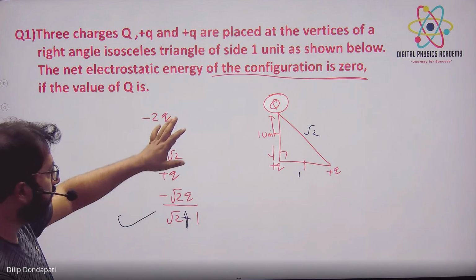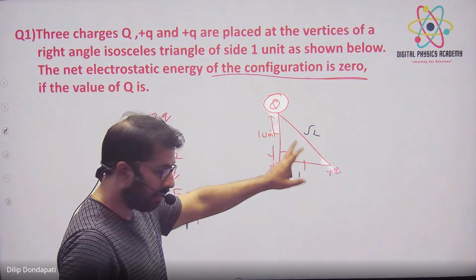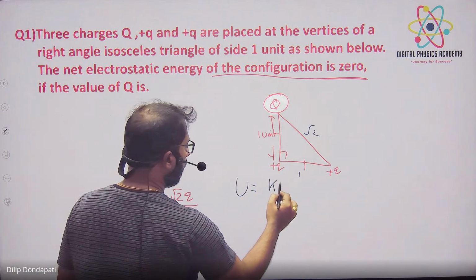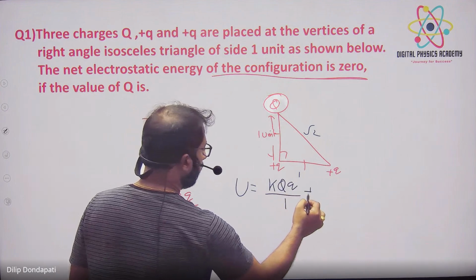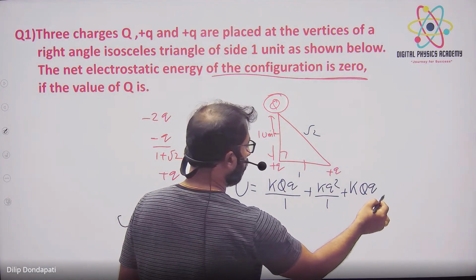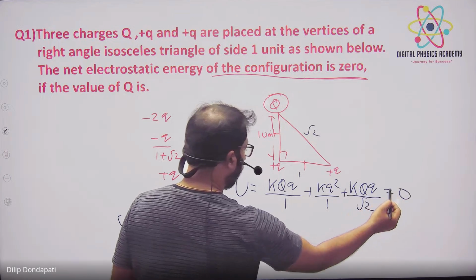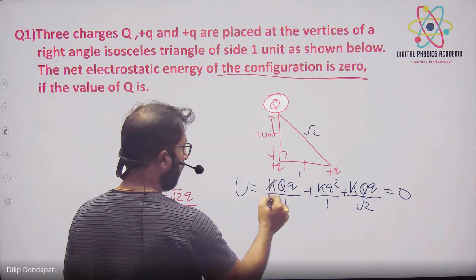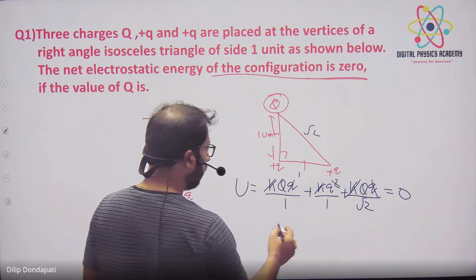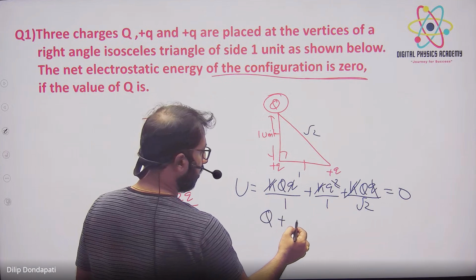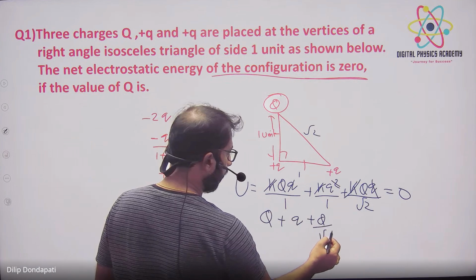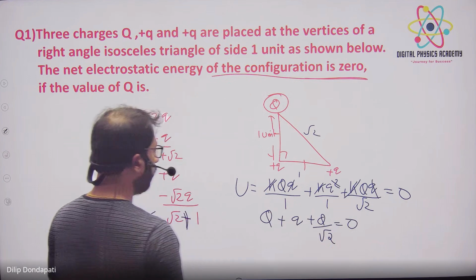Yes. So you must have made a mistake in the potential energy, see what mistake. The potential energy of the system will be kQq by 1 plus kQq by 1 plus kq square by root 2 equal to 0. So k cancels, q cancels. Then what remains: Q plus q by root 2 equals 0. So it's having different q, right?